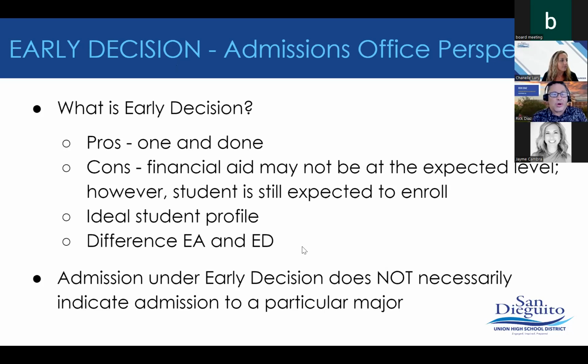Pros and cons. Oh my goodness. Think about it: I know where I'm going. I've been coming to the school since I was a little kid. I have pictures of me wearing diapers with my school logo on it. I want to go to this school. I already know where I'm going to live. There's no question in my mind that I'm qualified and this is the place for me. Get that stress off your shoulders.